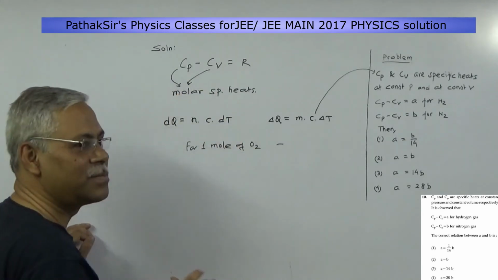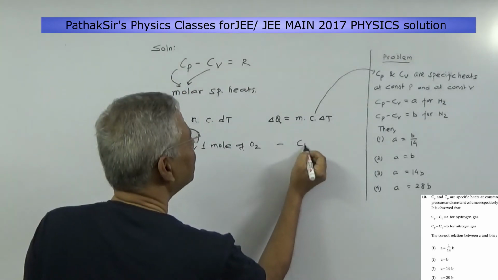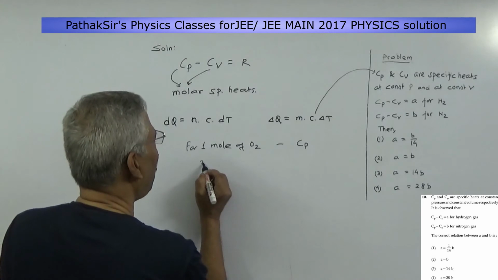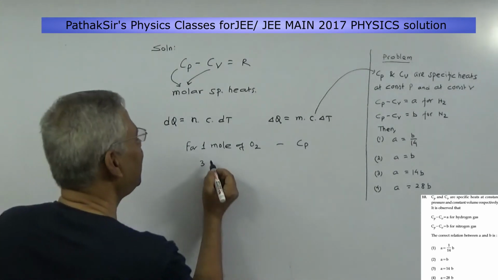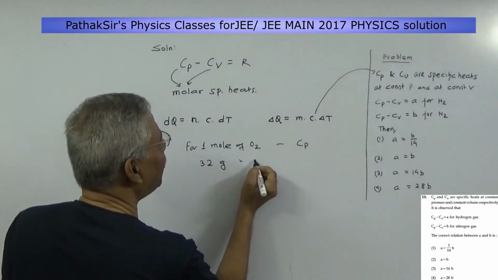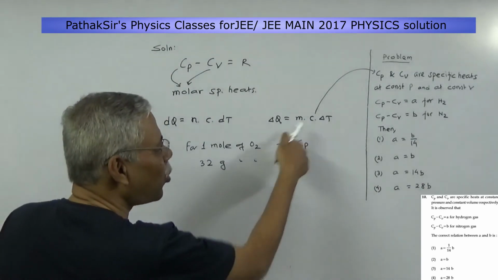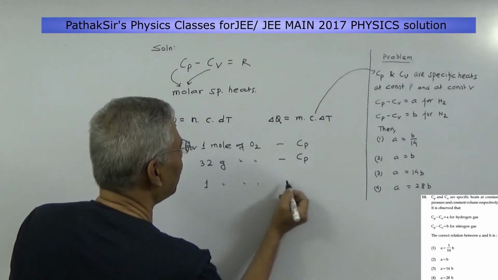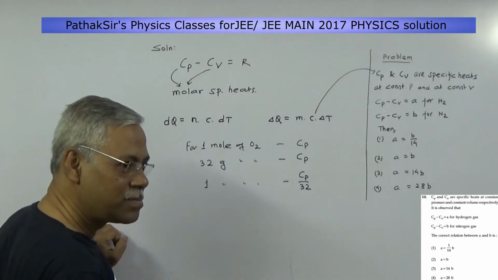Say Cp, for 1 mole, capital C. So 1 mole of oxygen means 32 gram of oxygen, it is Cp. And what is this small c? For 1 gram of oxygen, Cp by 32.